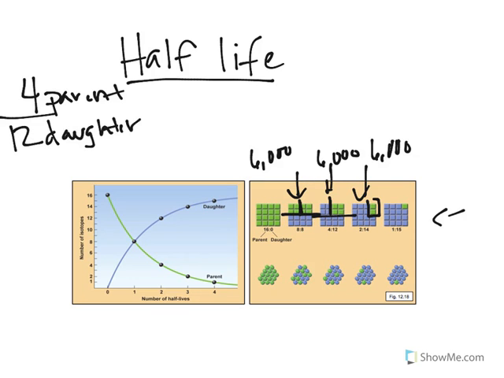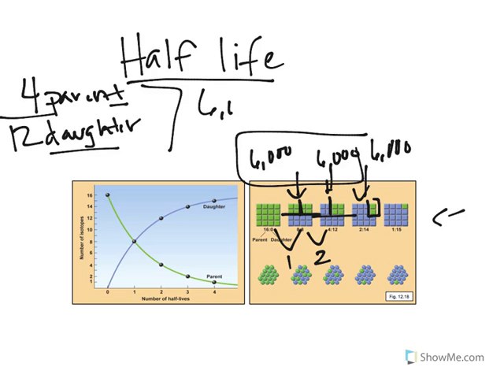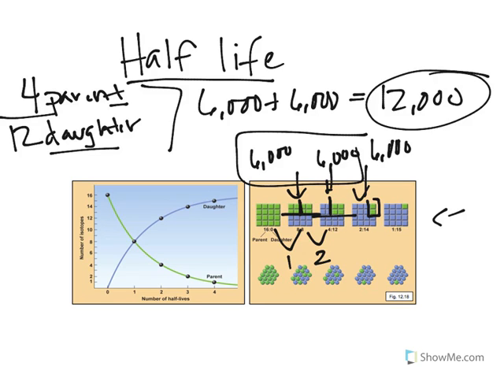So this is a ratio. How many half-lives is represented by 4 parent and 12 daughter? Well, this is 1 half-life. This is 2 half-lives. Look at that, 4 to 12. So I know that this rock has undergone 2 half-lives, which means that rock is 6,000 plus 6,000 years old. So I know that rock is 12,000 years old.